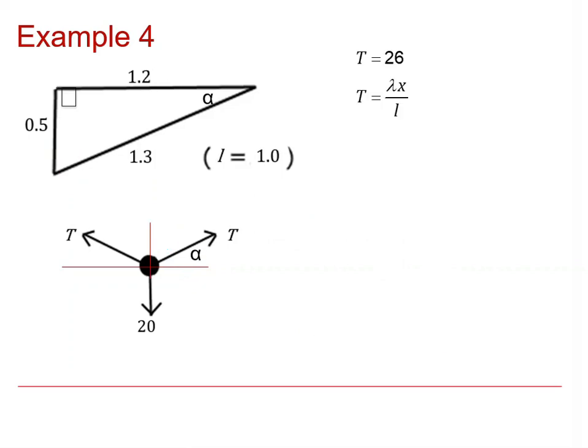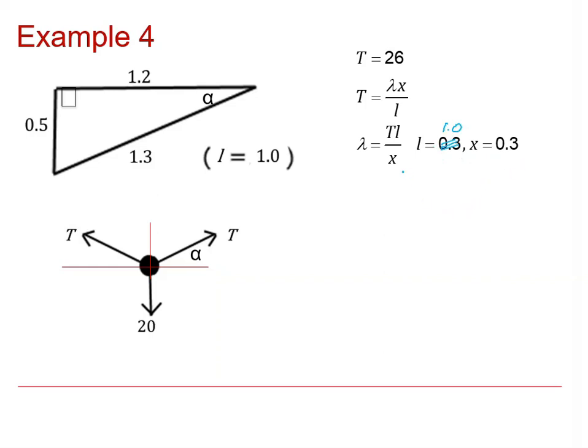So now, armed with that information, we know that T is 26, we've just worked it out. The model says that T is lambda x over L. Now going back to the question, we need to find the values. L is 1.0 and x is 0.3.